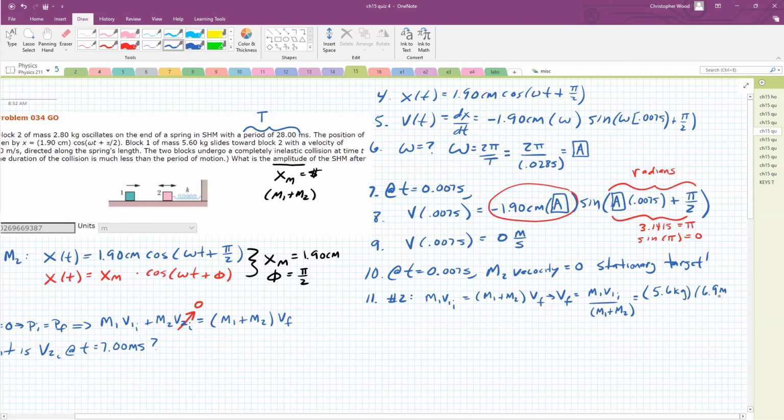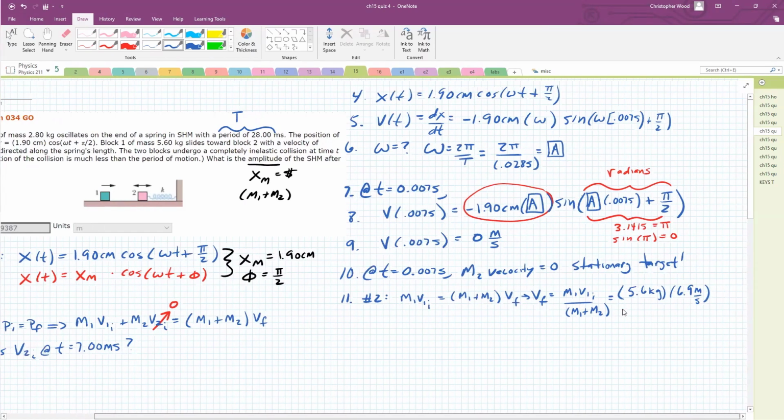That's the incoming velocity before the collision of mass 1, because mass 2 is just a sitting target, all over 5.6 plus mass 2, which is 2.8 kilograms. So I'm getting a velocity after that impact.